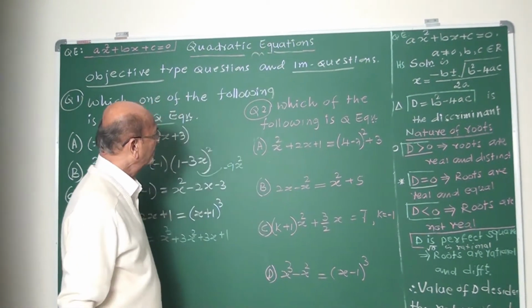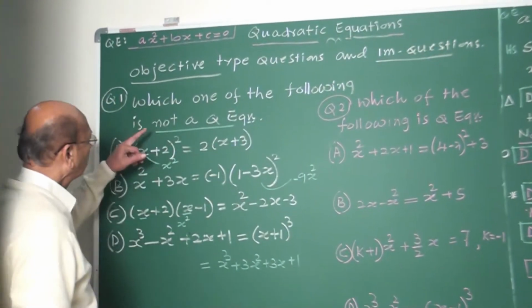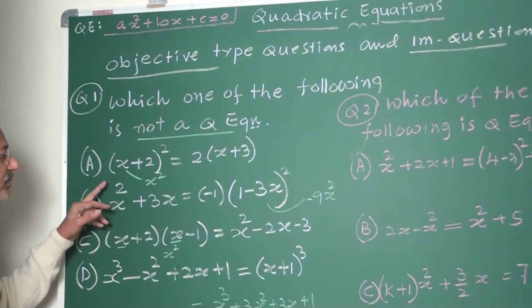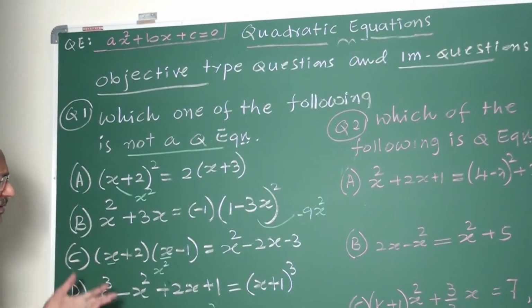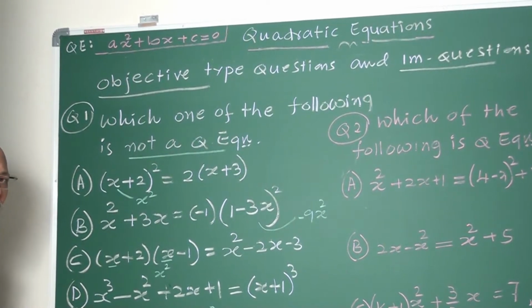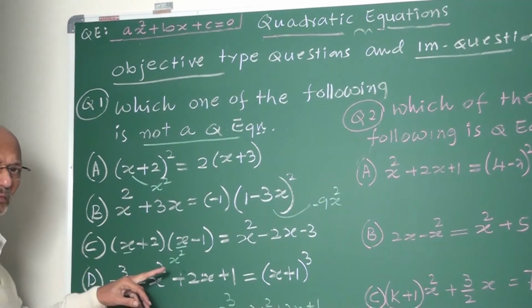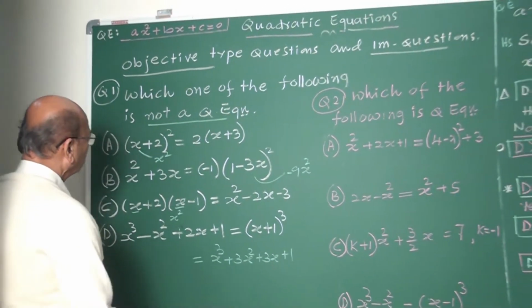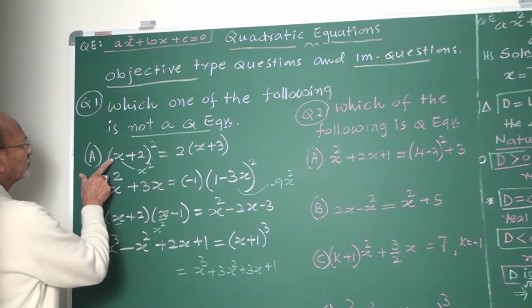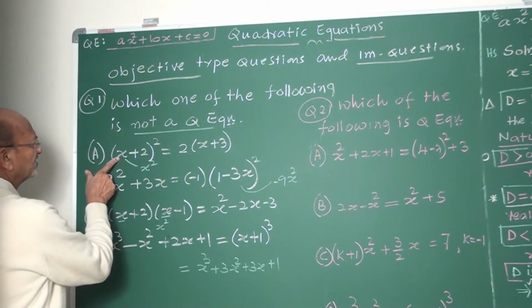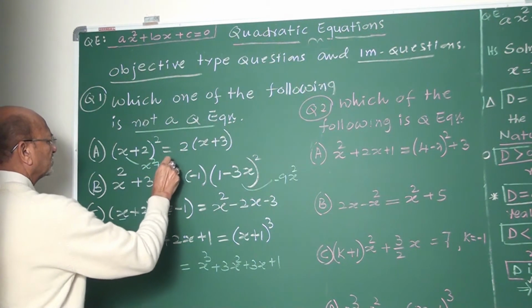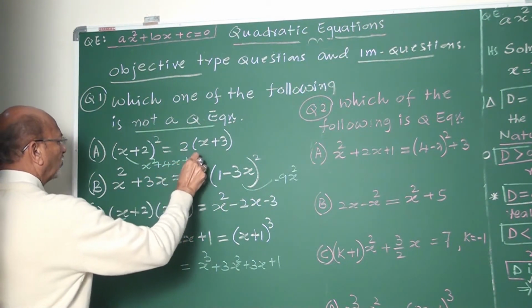Yes, what you have to check here? Not quadratic, it should not contain square terms. Maybe the power of x is 1, or maybe the power of x is other than 2, 1 or more than 2. Look at this, my friends. You are making a square here. This is x square, this is x square plus 4x plus 4.